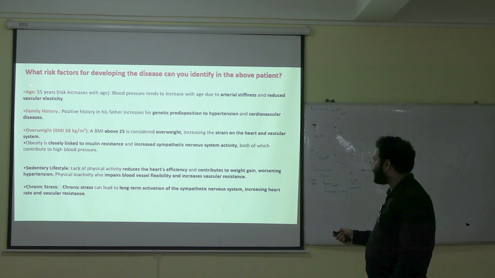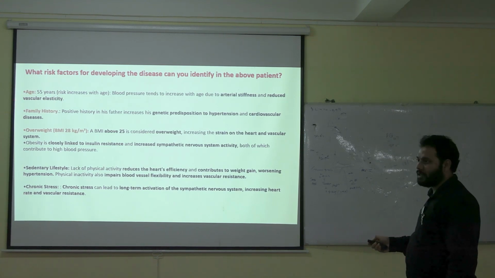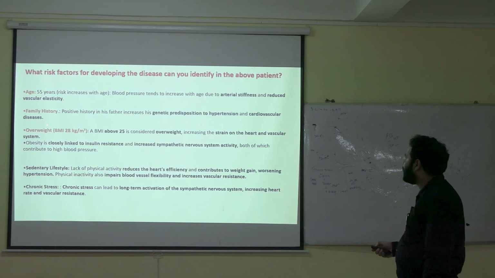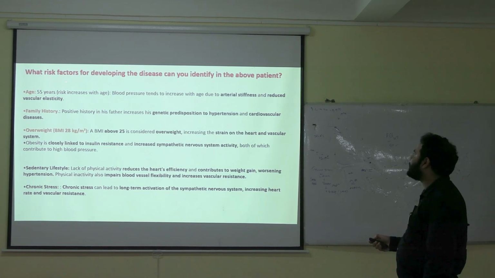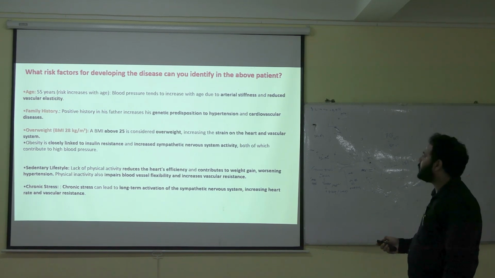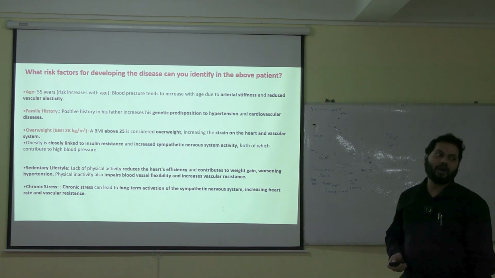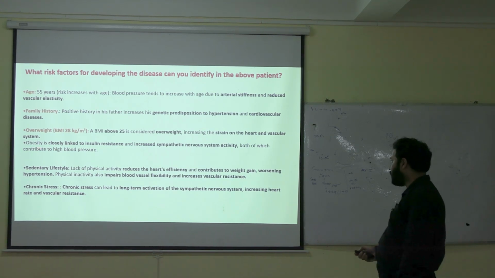So what are those risk factors? Obviously, age, family history, then body weight status. All these are known as the most important risk factors that promote the increase of blood pressure.